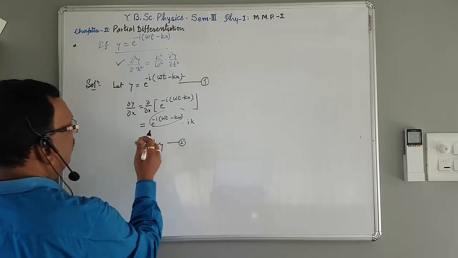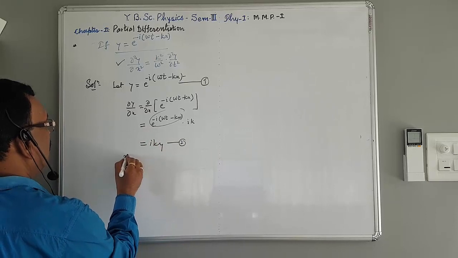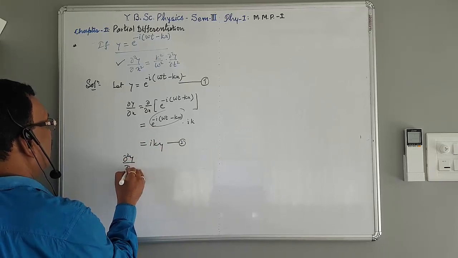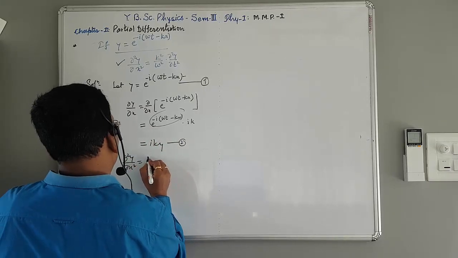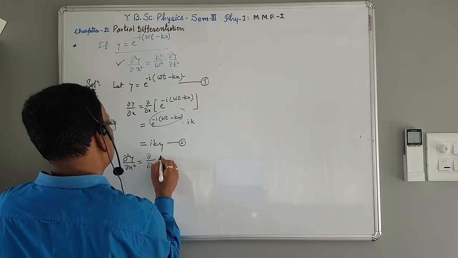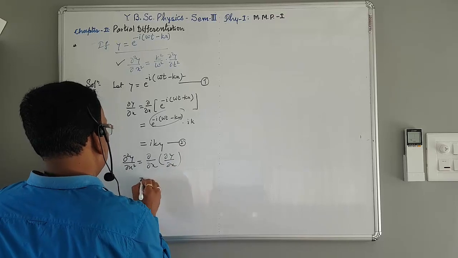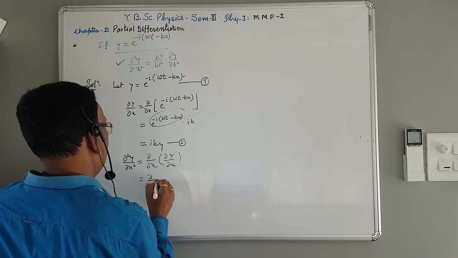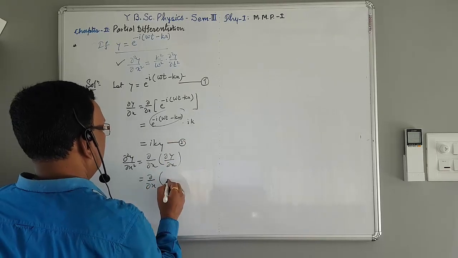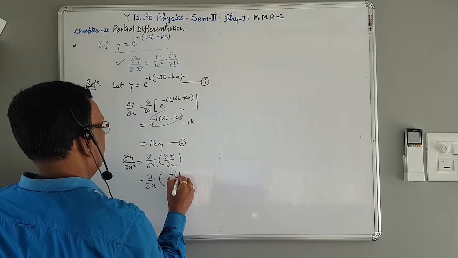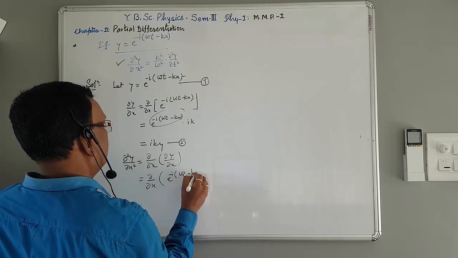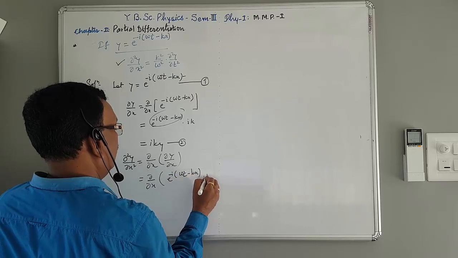Now again, the second order derivative, that is ∂²y/∂x², that is ∂/∂x of ∂y/∂x. And what is the value of ∂y/∂x? This is e^(−(iωt − kx)) into ik.